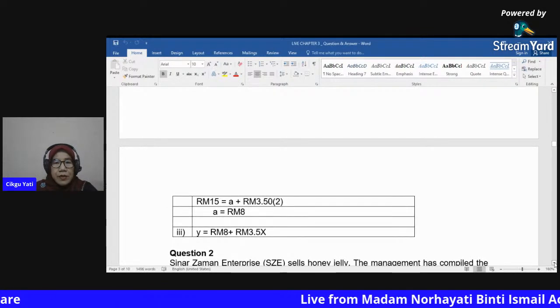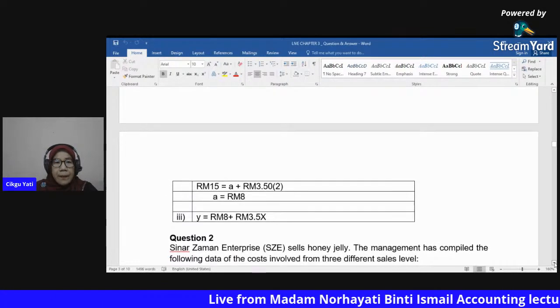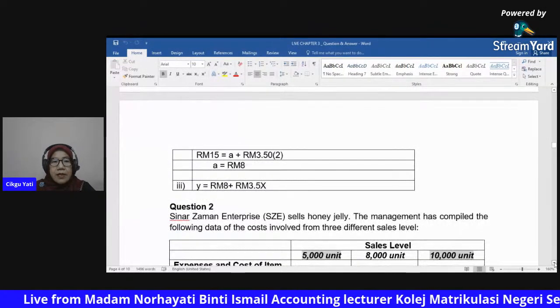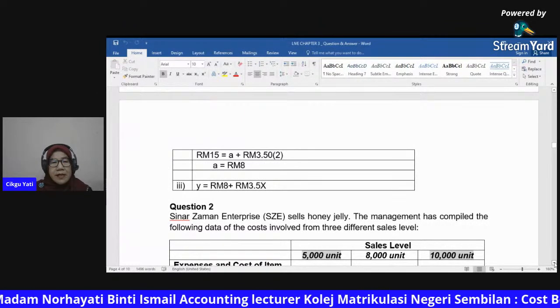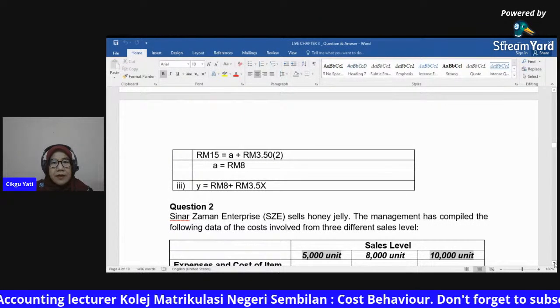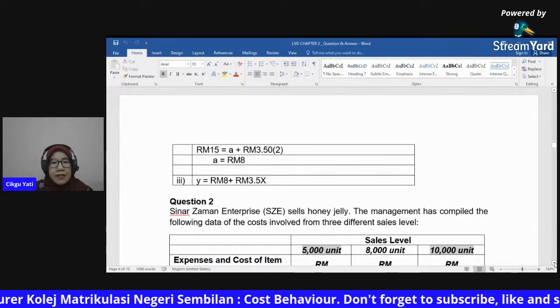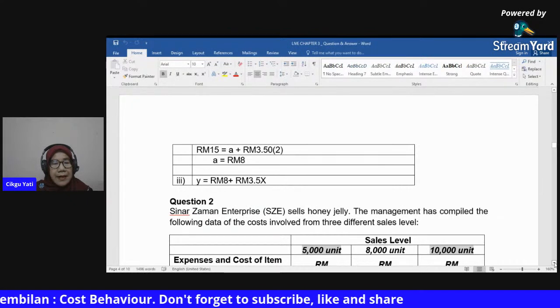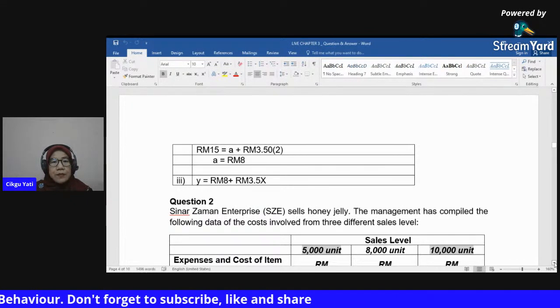Now, look at question number 2. Sinar Zaman Enterprise sells honey jelly. The management has compiled the following data of the cost items involved from 3 different sales levels.